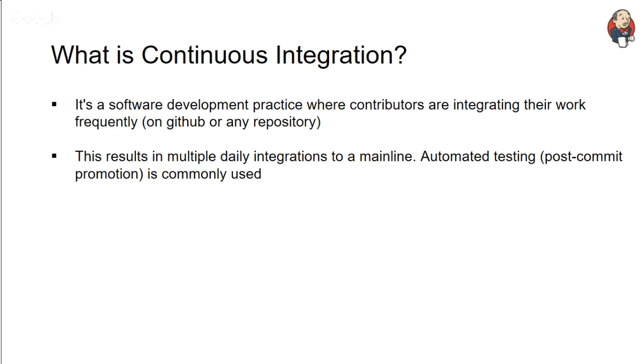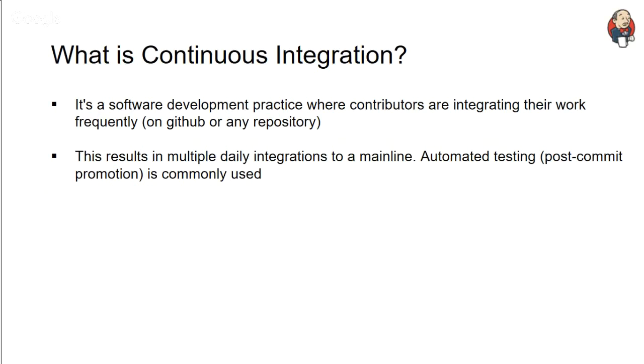So what does continuous integration mean? The developers are committing their work frequently into their repository. That's the whole idea of continuous integration. At least once in a day they should do it. Not waiting for all the code to complete and then committing it, because at that time some other developer would have made a change, and that might conflict and cause issues, and it will cause a lag in your project delivery.